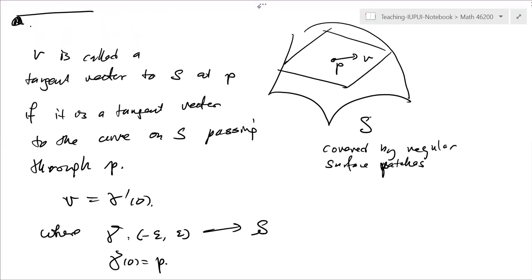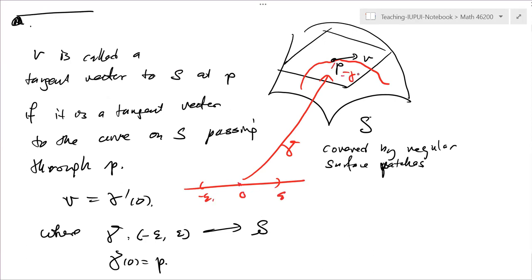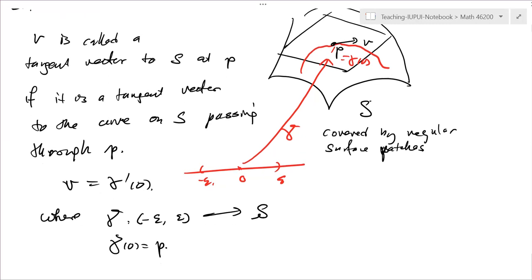Okay, how do you describe it? All right, so this is a curve, it's gamma, right? And this is a map, gamma. That's the point P. So we know how to find the tangent vector of a curve, just differentiate.